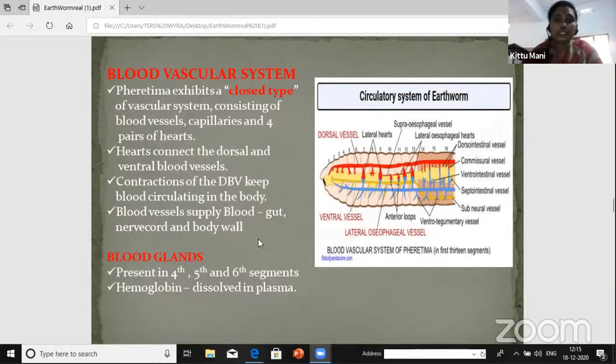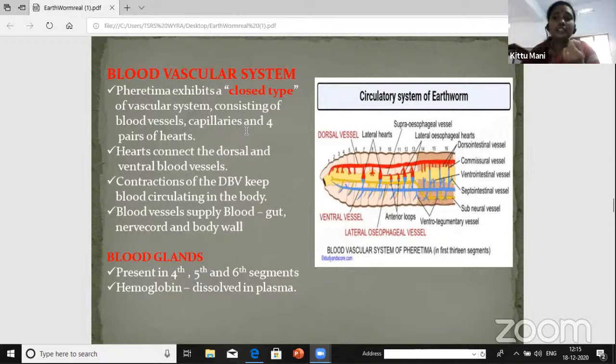Okay, the nerve cord and body wall also. That is the body wall, students, and here muscles are also present, we will learn. Once again, repeat: the earthworm exhibits a closed circulatory system, and it consists of blood vessels, 4 hearts and capillaries.